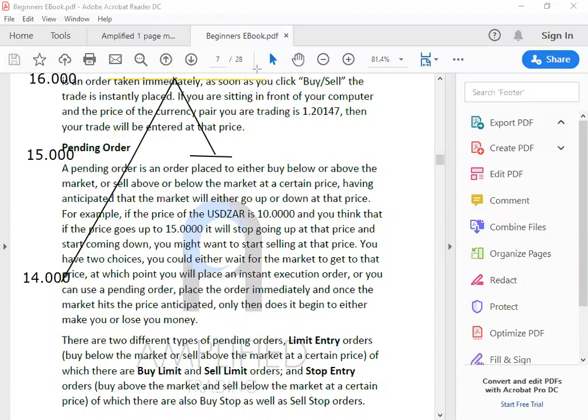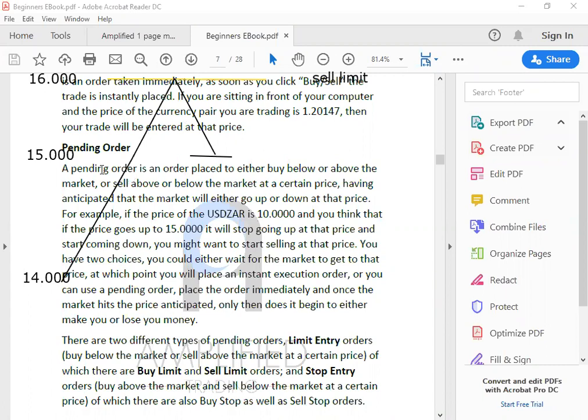So there we'd place a sell limit. The sell limit would go above the market price. And there, at 15 Rand, we'd basically have our take profit and would exit the market at 15 Rand with a profit of about 1 Rand price change.